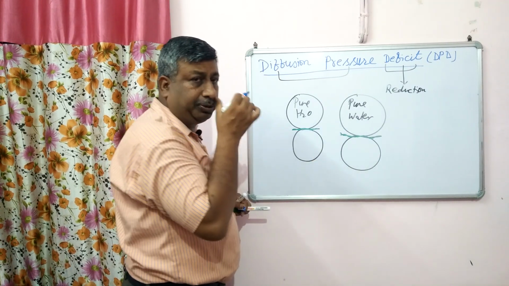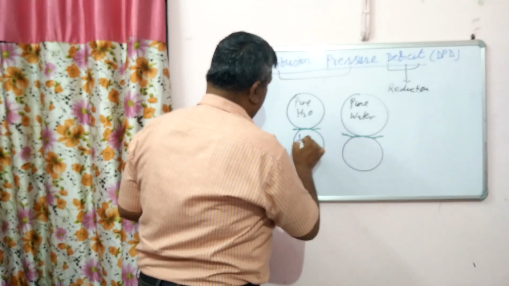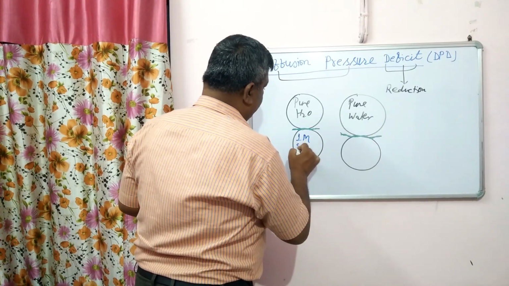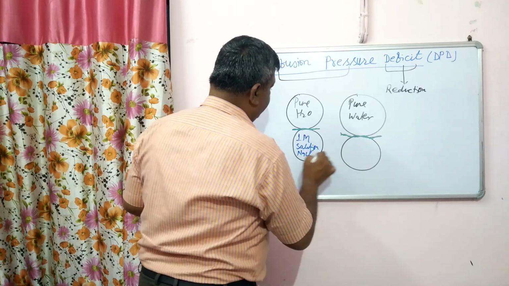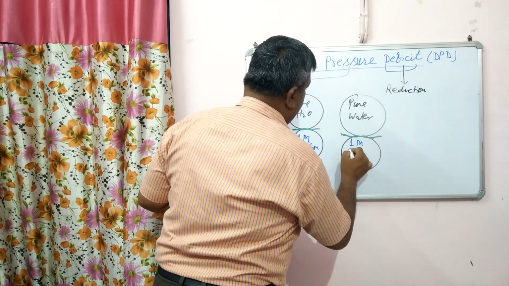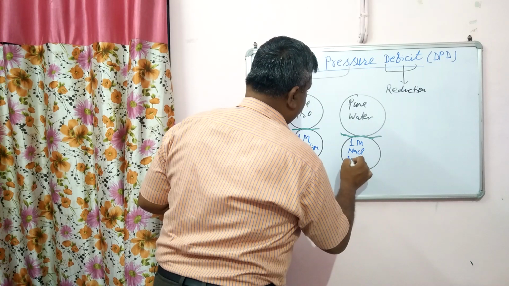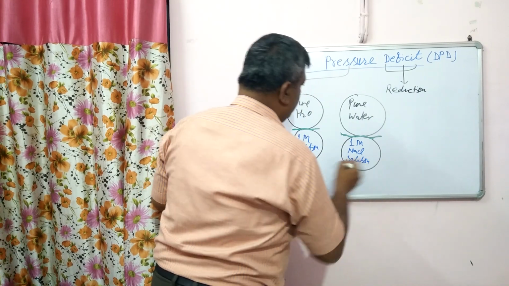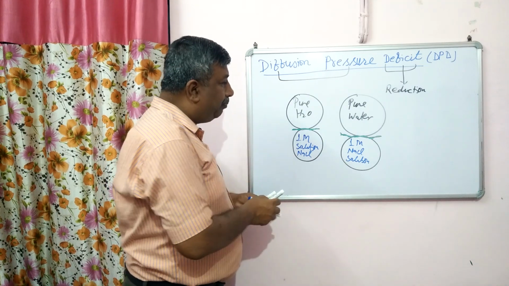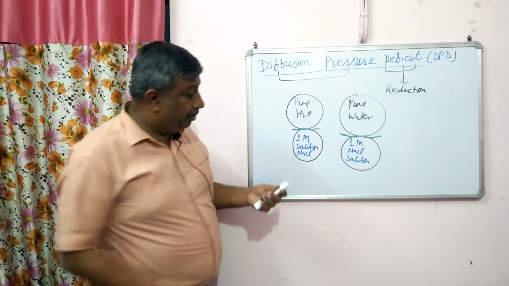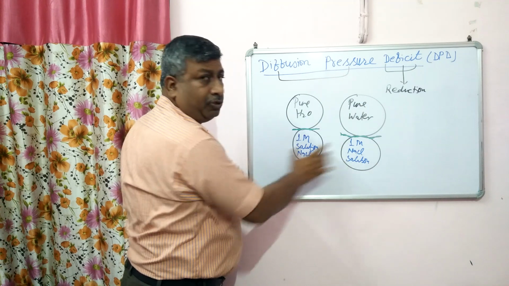Suppose a 1 mole solution of NaCl, for example. Here also 1 mole NaCl solution, and the amount is same. So in both cases, pure water is present and 1 mole solution is there.